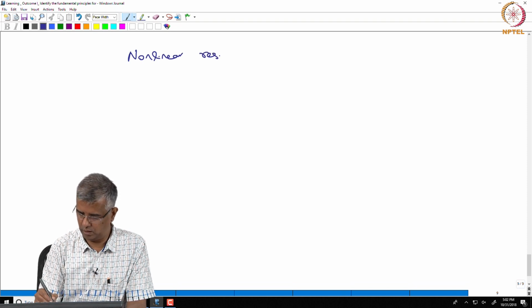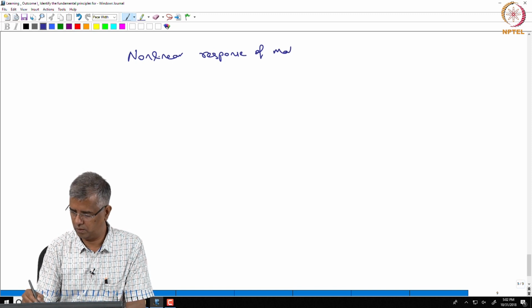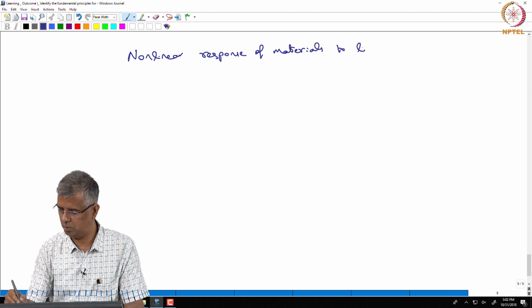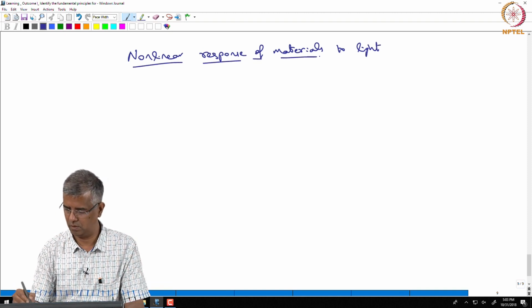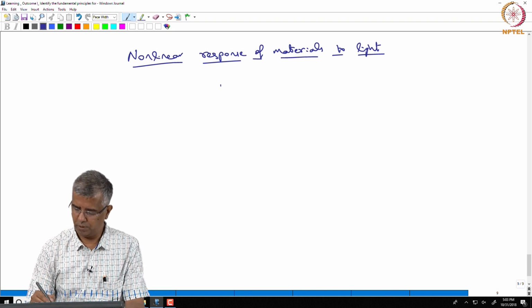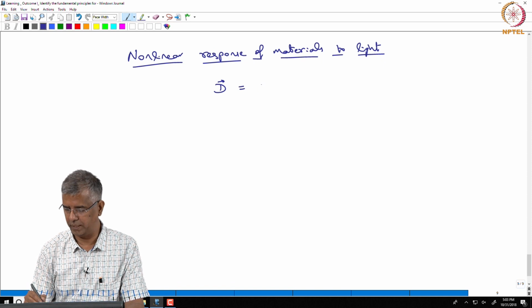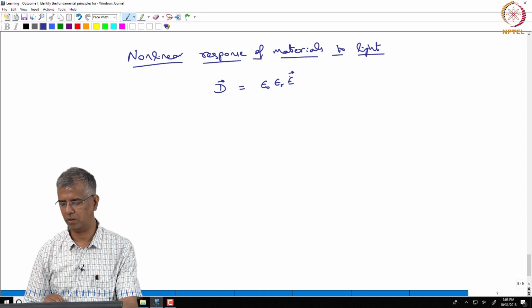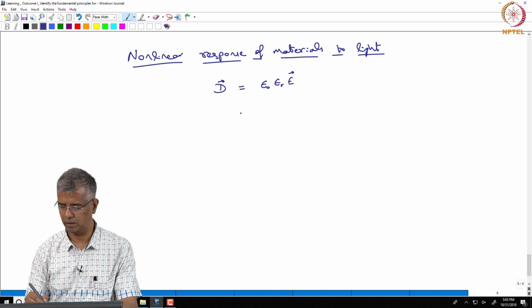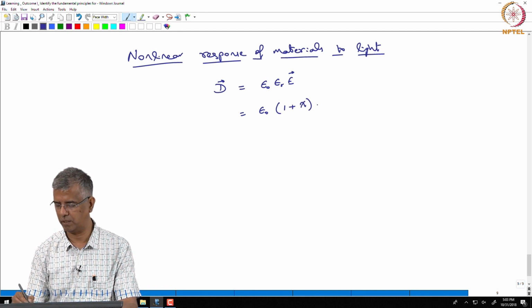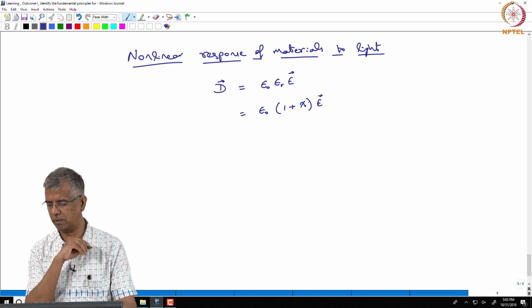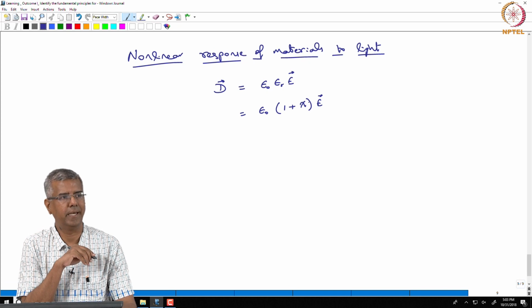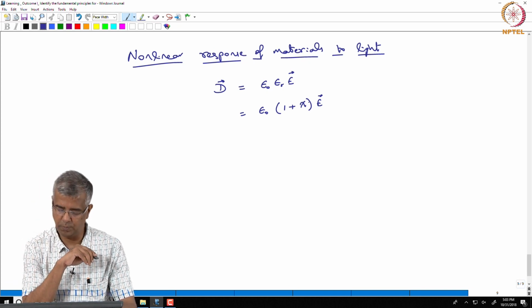Nonlinear response of materials to light. Okay. So far we have characterized the response of a material to light through the displacement vector, which is dependent on the electric field applied to that material, and the specific thing that is changing is your epsilon r, that is what is defining the response of the medium, and that we said is equal to 1 plus chi, where chi is the susceptibility of the medium.